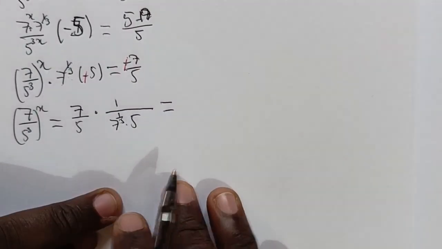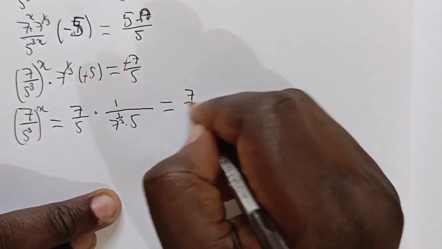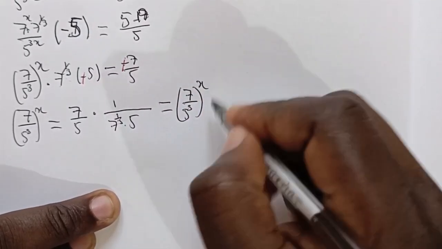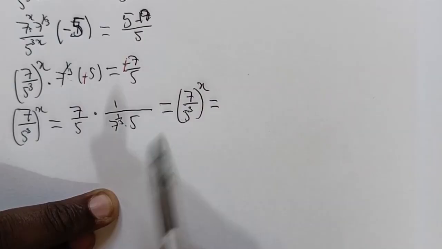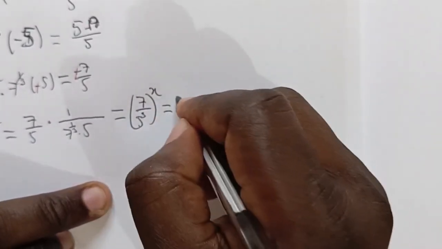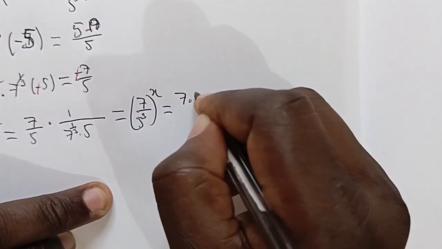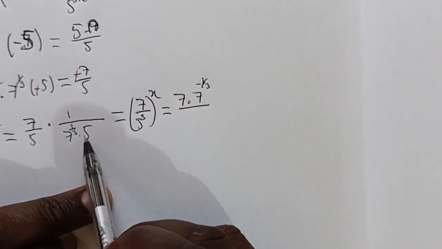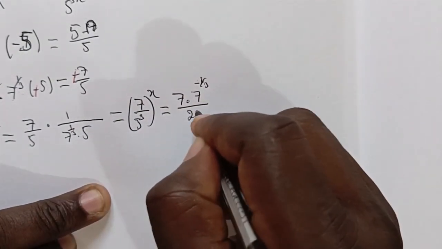This is 7 over 5 to the power of 3 raised to x. This is equal to 7 times 7 to the power of minus 1 over 3 divided by this 5 times this, that is 25.